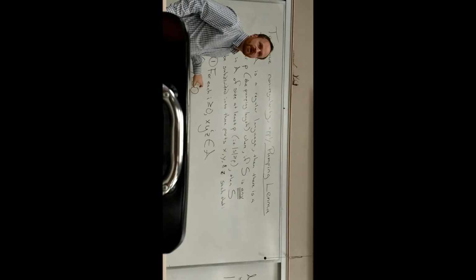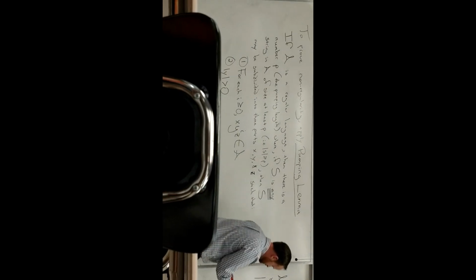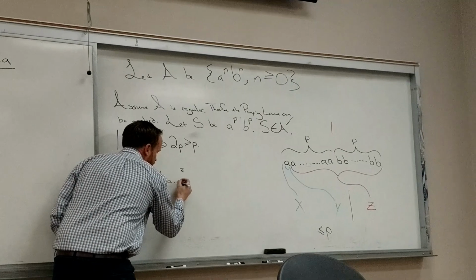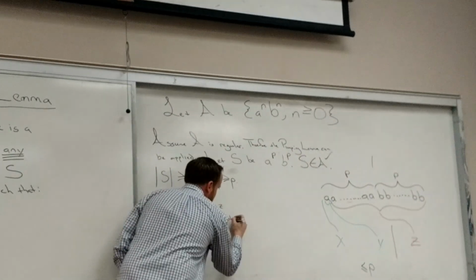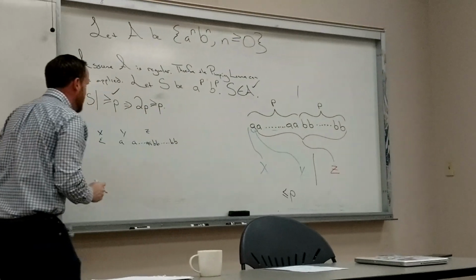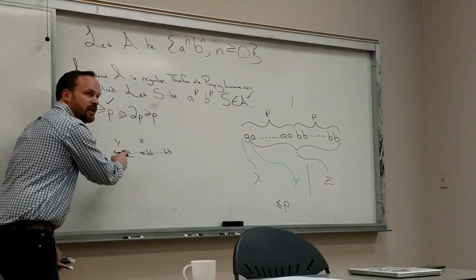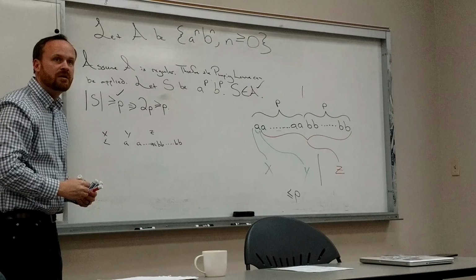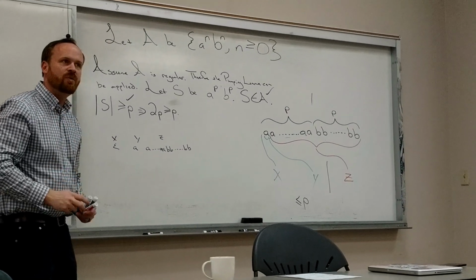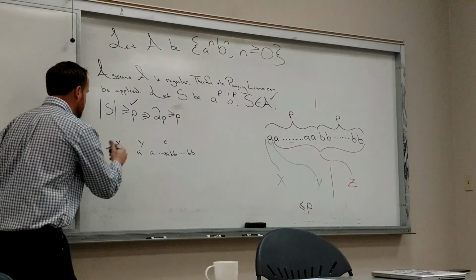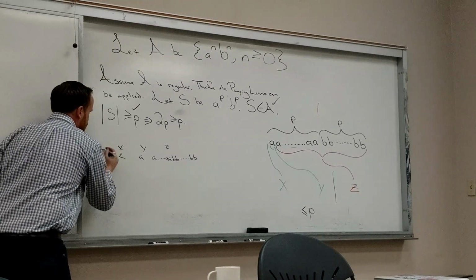All right, so when we get to this very thing, let's look at what happens when we do what's called pumping. This right here is where we do the pumping. If we have this subdivision, we have X, Y, and A, B, B, B, B. So here we have 0, 1, and 2p minus 1 in length. If I increase the number of y's here, this is when i is equal to 1.